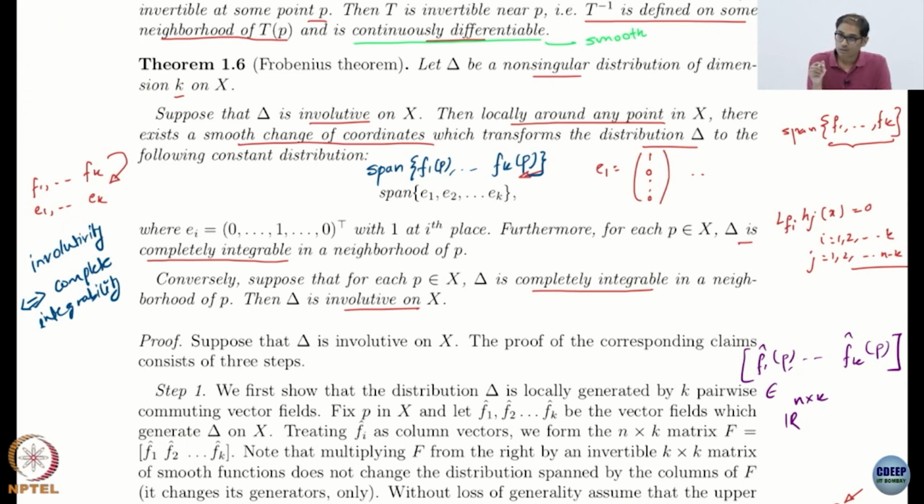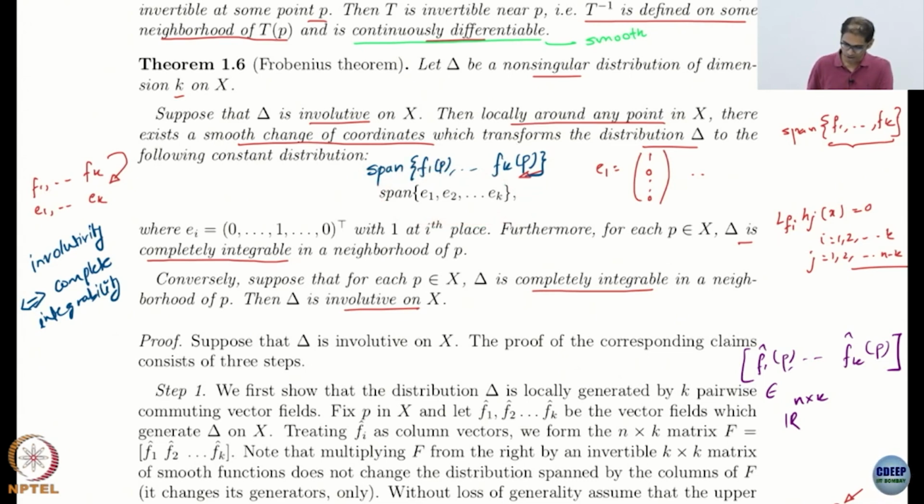What are we saying? We are saying something rather powerful. We are saying that if delta is involutive in the state space, then it's equivalent to saying that this delta is in fact the span of identity vector fields, or the unit vector fields.